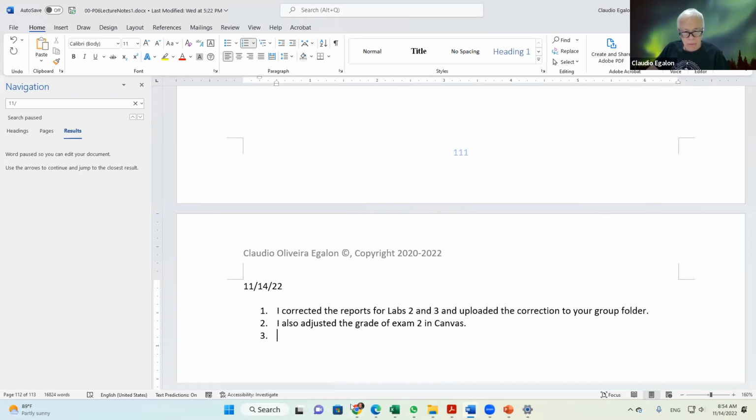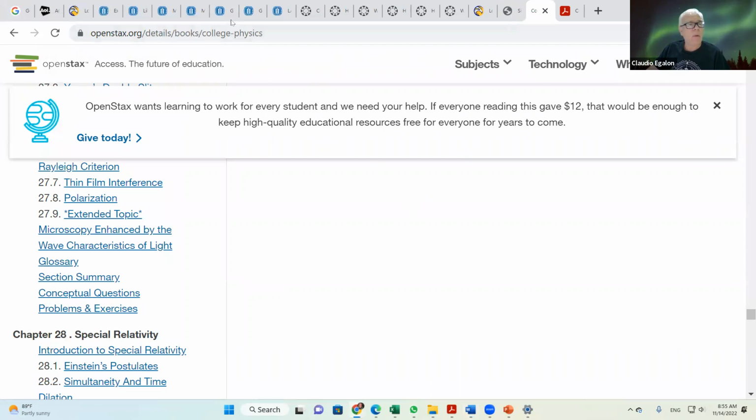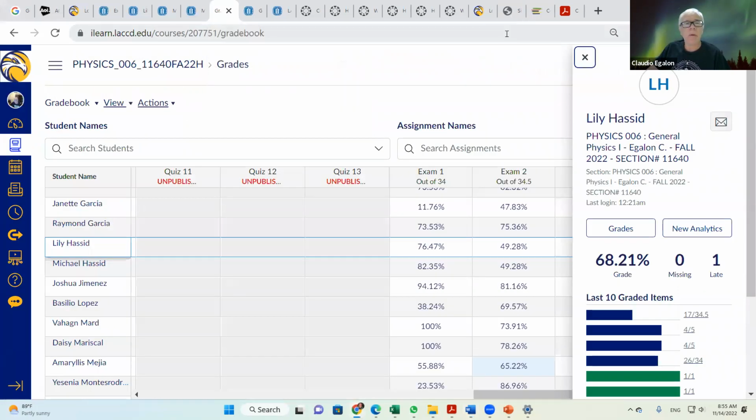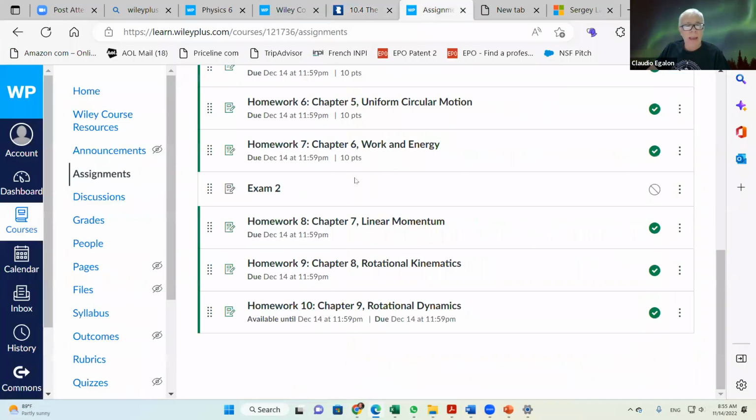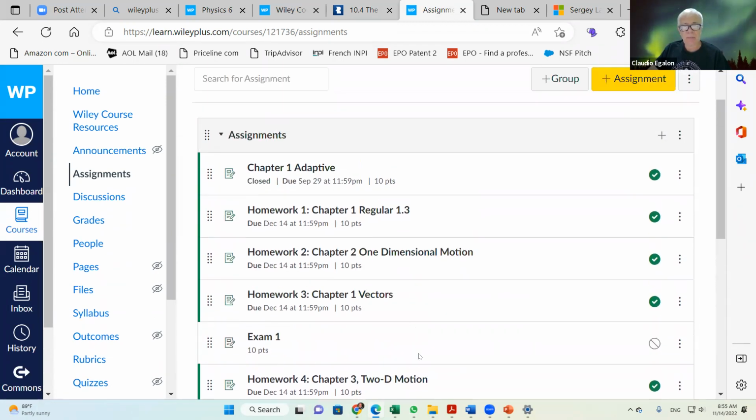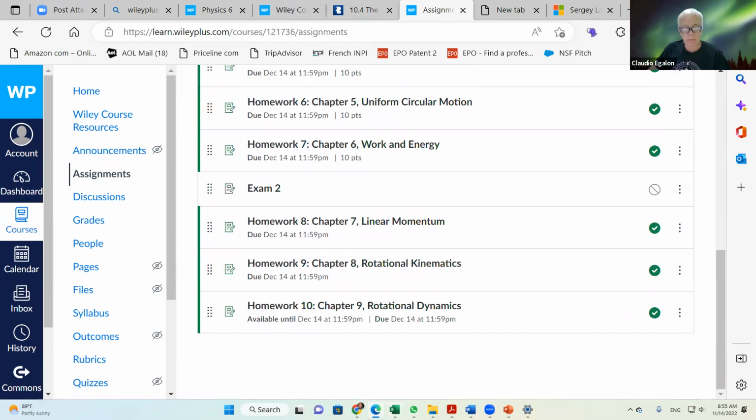What else? Let's see here. I want this one. Okay. So here you go. We have a new homework, chapter 9 on rotational dynamics that I posted there in the Wiley Plus.